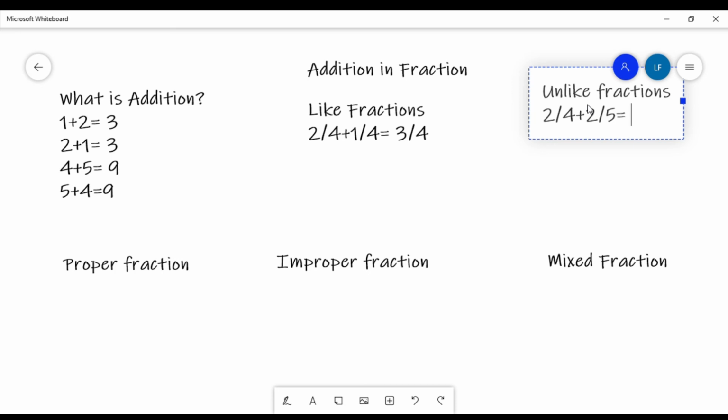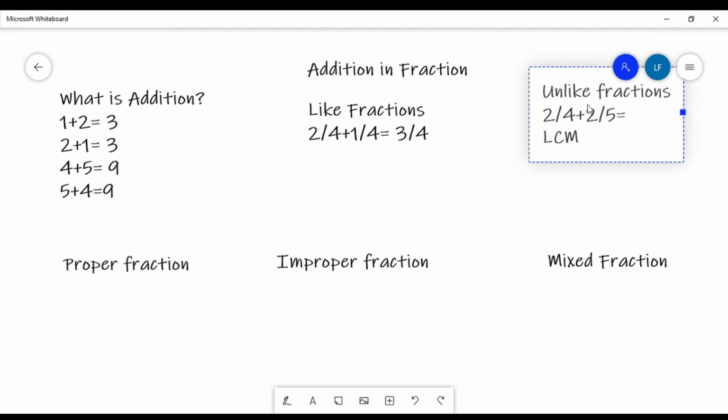You may think you can just add the denominators and numerators together, but you can't, because in this case the denominators are different. So what you do is find the LCM of the denominators. The LCM of the denominators is 20.